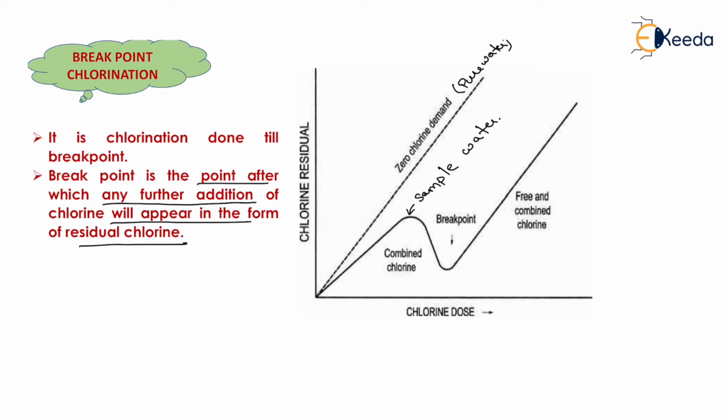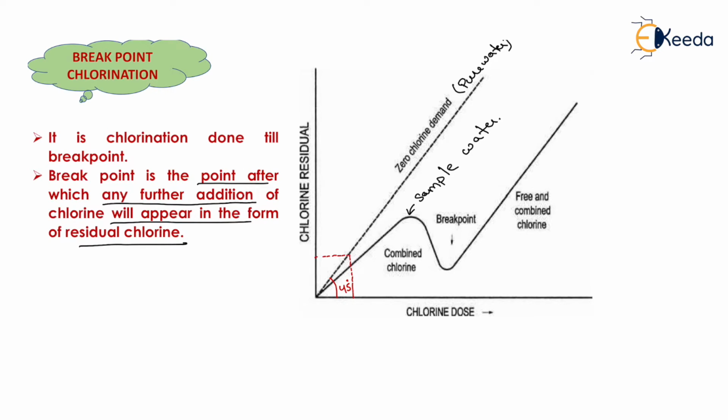Now if pure water is there and we supply it with a chlorine dose, that chlorine will not be consumed by any means, because neither organic matter nor microorganism is present in that water. So all the chlorine will remain in the form of residual chlorine as it is. That's why its inclination is about 45 degrees.